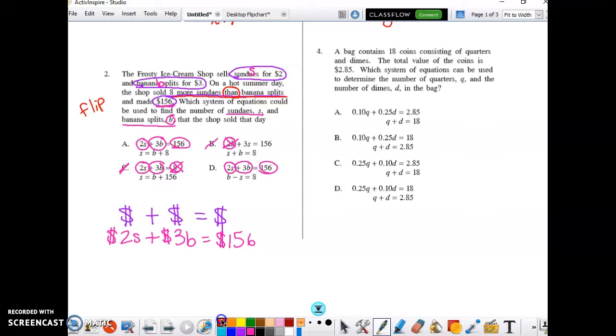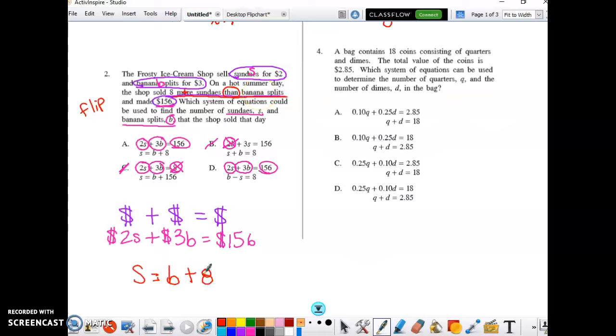Let's keep it going. Remember this one equation that said 8 more. So it's going to be plus 8 more sundaes than banana splits. So there's more sundaes. So it's going to be S equals, because there is more of the sundaes. How many more? 8 more than the banana splits. So banana splits plus 8 equals the sundaes.